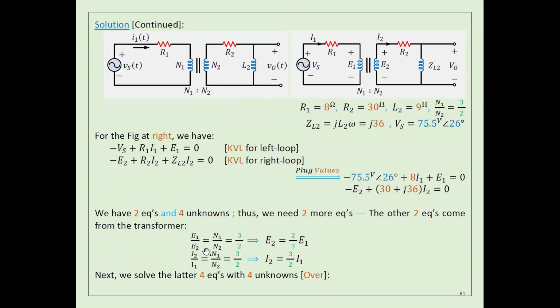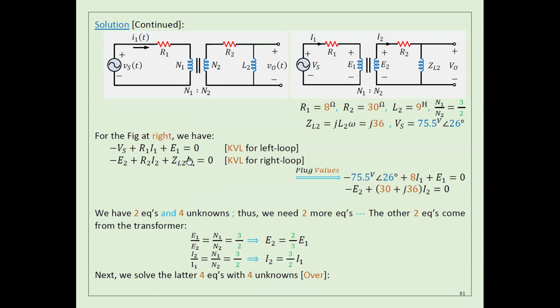Same thing here: I2 times R2, plus I2 times the impedance here, minus E2. Minus, because I'm assuming the current direction is this way, so here you are encountering the positive current.